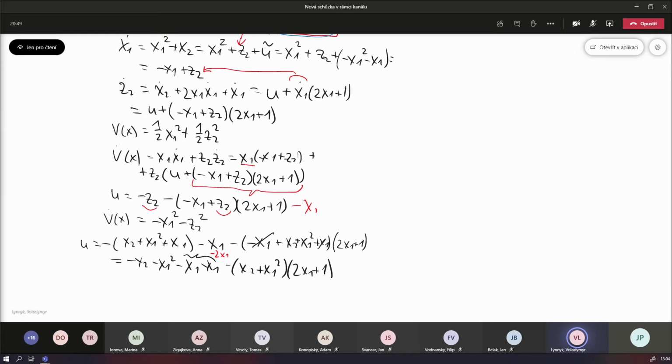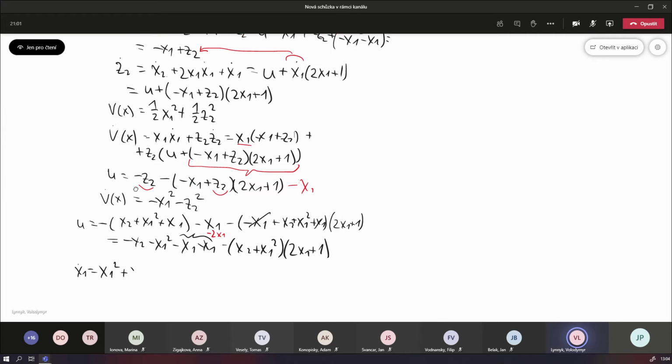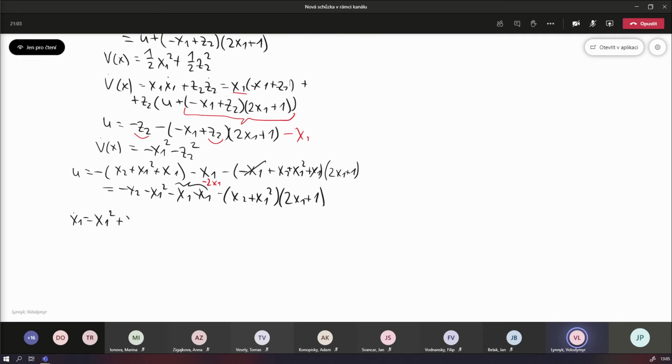It's very similar. x1 dot equal to x1 squared plus x2 minus x1 cubed, and x2 dot equal to u.